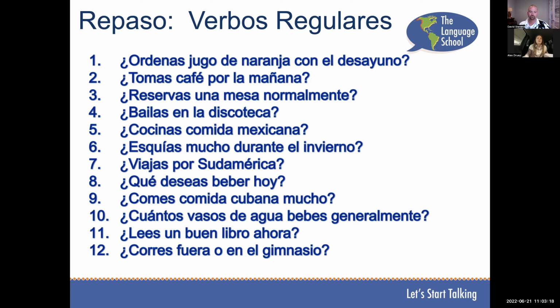No como comida cubana mucho. ¿Cuántos vasos de agua bebes generalmente? Start with the verb. I drink. Bebo 8 vasos de agua, generalmente.